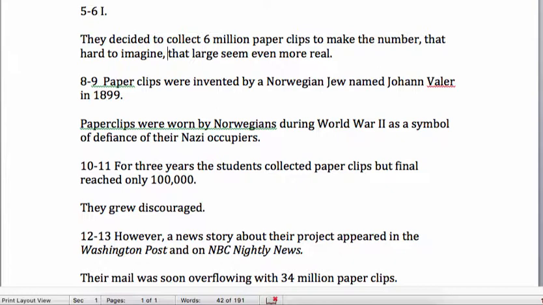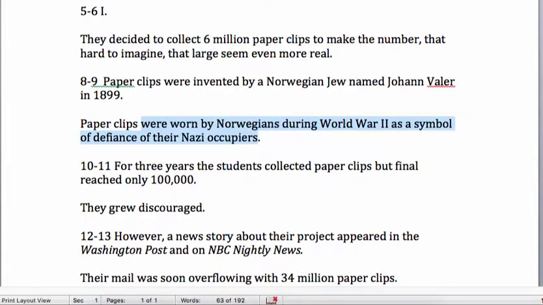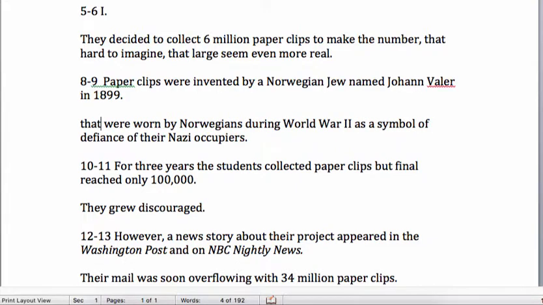Paper clips were invented by a Norwegian Jew named Johan Valler in 1899. What's repeated? Paper clips. So, we're going to get rid of paper clips, and since they're not a who, put that.